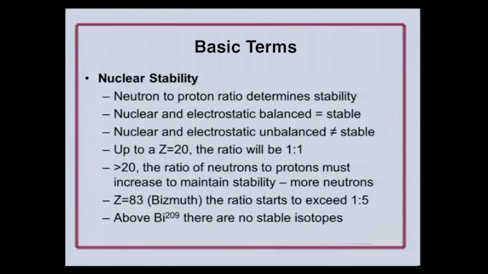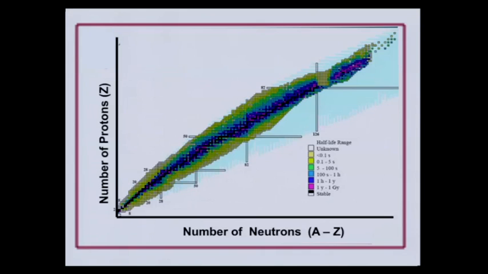Looking at a chart of the nuclides, you can see that this is a plot of all elements, all isotopes, and the horizontal axis shows us the number of neutrons, which is the A minus the Z number.